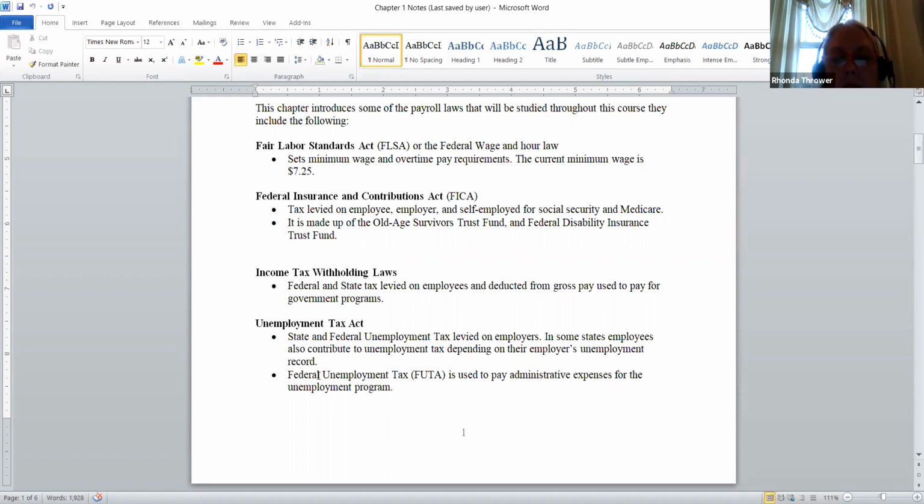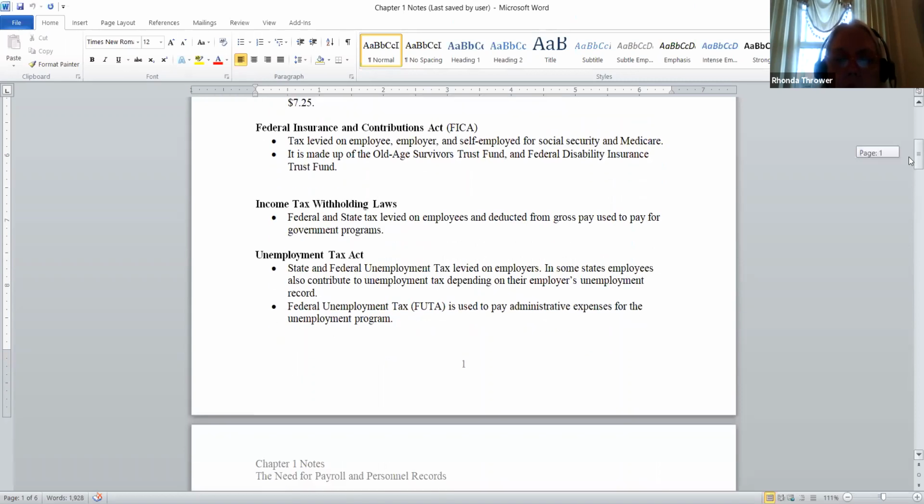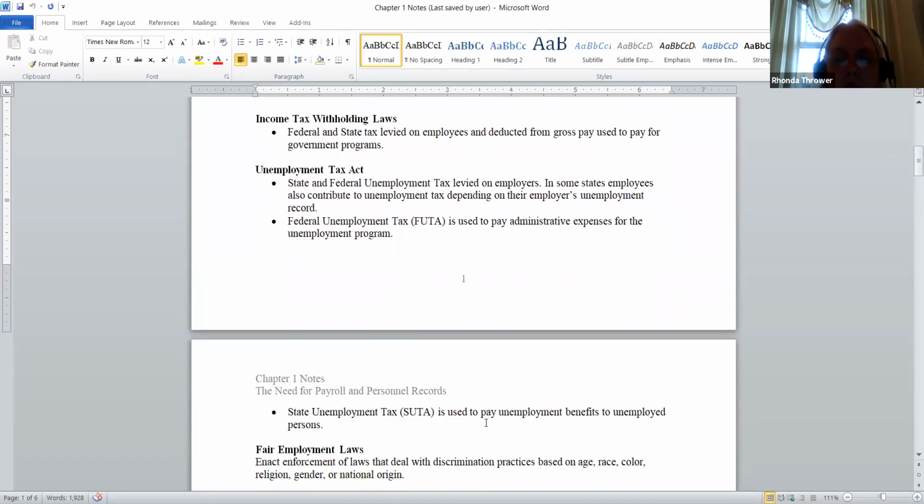Now, the federal unemployment tax, which we refer to as FUTA, is used to pay the administrative expenses for the unemployment program. Your state unemployment taxes are what are used to pay unemployment benefits to unemployed persons.